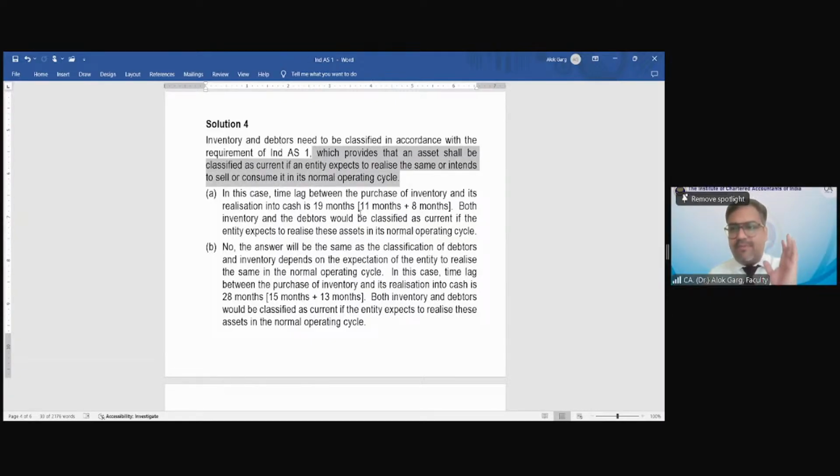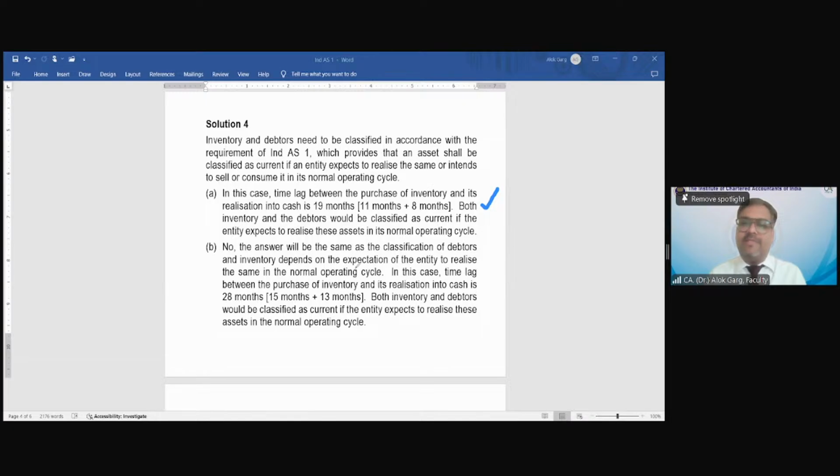This is the concept which we have seen in my presentation. In the first case, the time lag between the purchase of inventory and its realization into cash is 19 months, right? Both inventory and the trade receivable would be classified as current if the entity expects to realize these assets in the normal operating cycle.